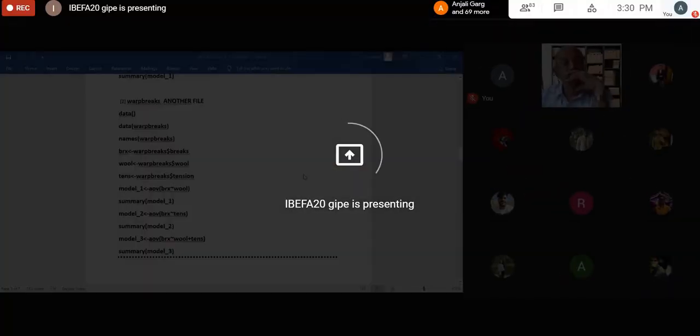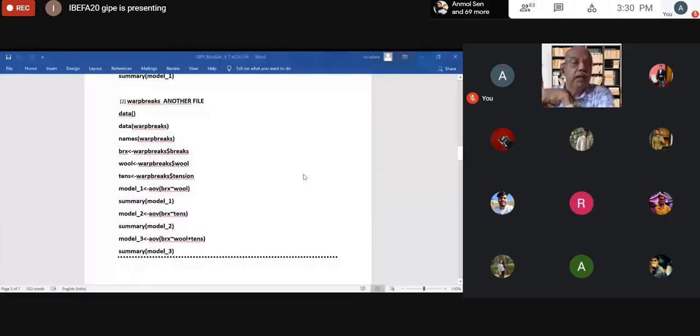A very huge data set. From a textile point of view, wool is necessary. There are different types of wool and different breaking strengths. So let us see the data.